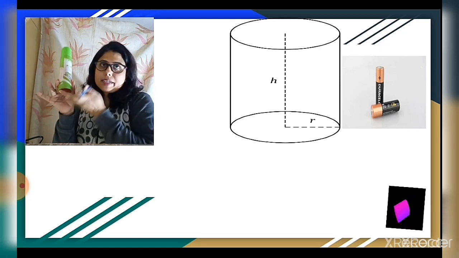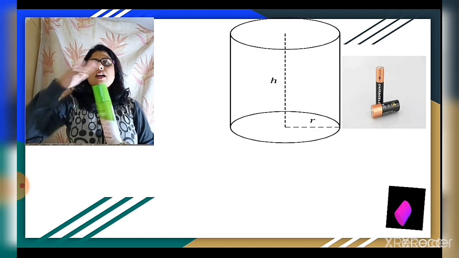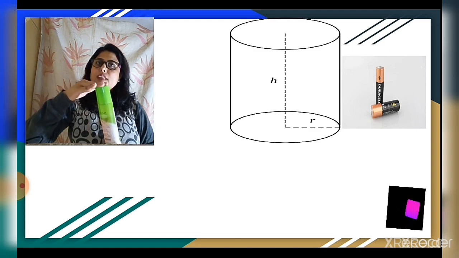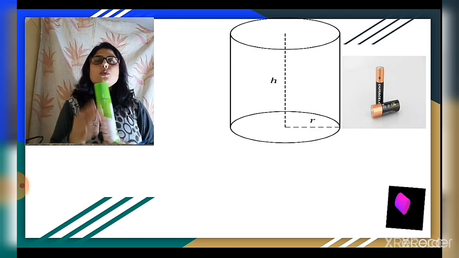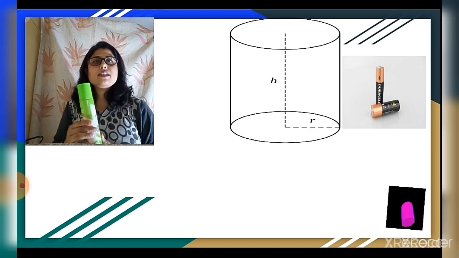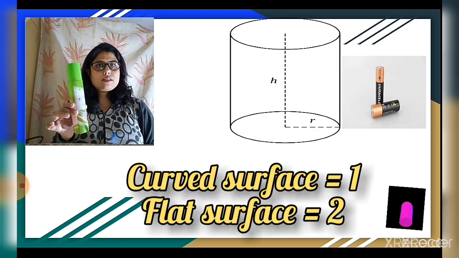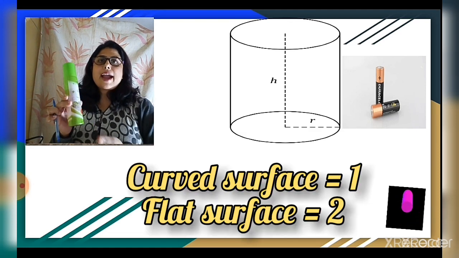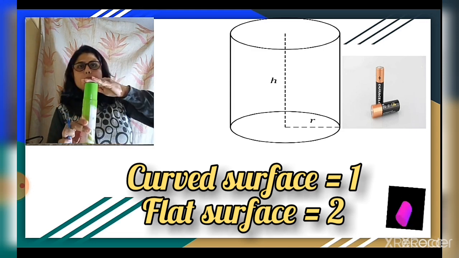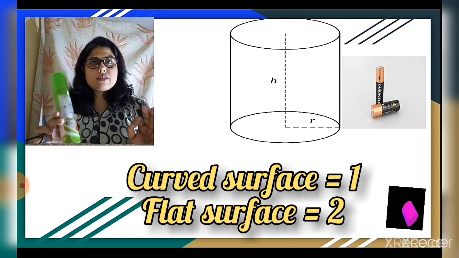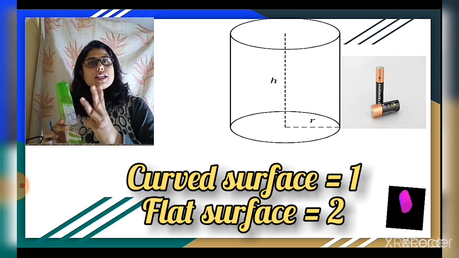The bottom is a flat surface, and the top is also a flat surface. So we find three faces in a cylinder: one curved surface, and two flat surfaces at the bottom and at the top.